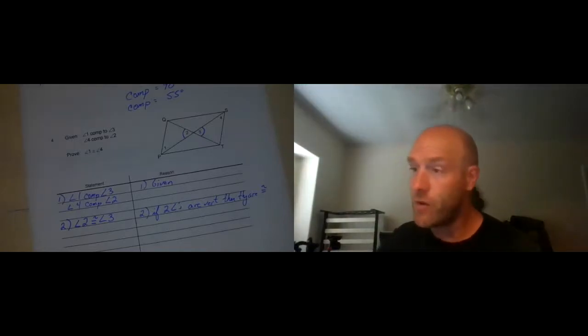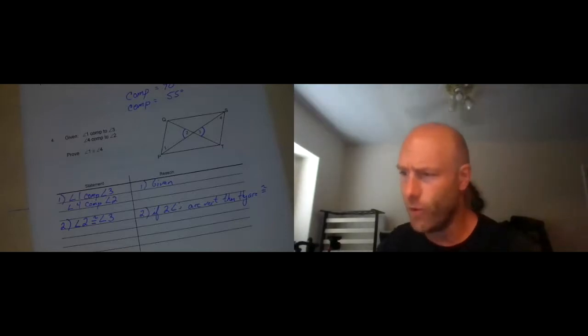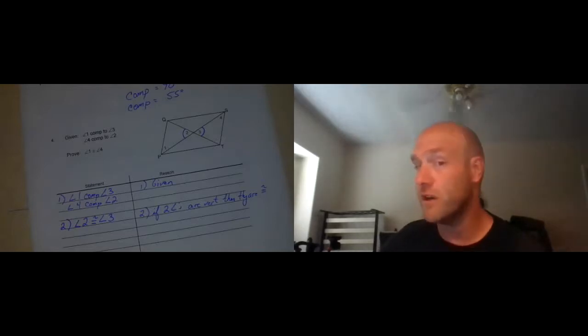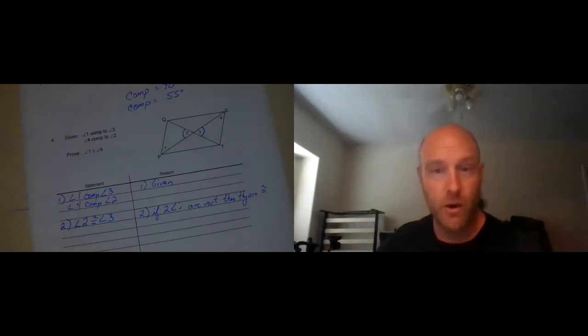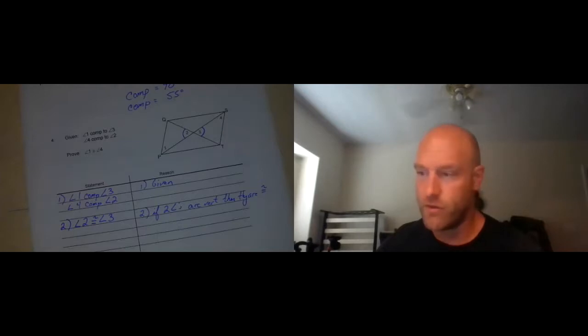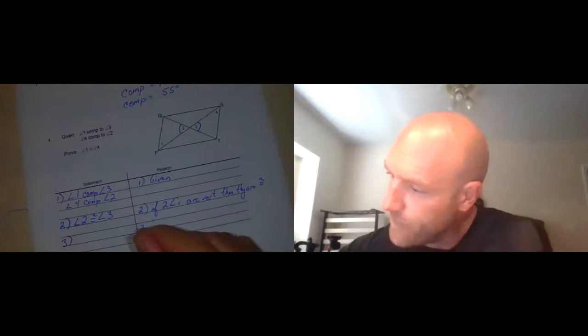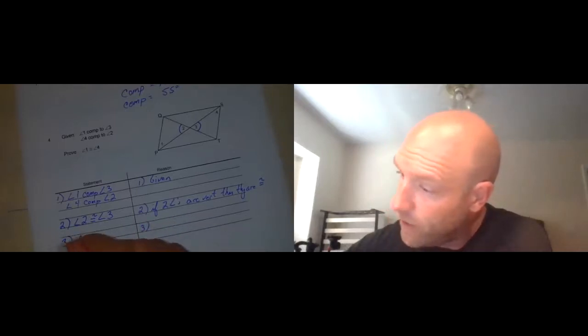Okay, looking at what I've got, eyes on the prize, I'm trying to prove that angle 1 is congruent to angle 4. What's the deal with angle 1 and angle 4? They're complementary to 3 and 2. And 3 and 2, we've just said, are congruent. So using another one of our new theorems from this chapter, I think we can get there. So angle 1 is congruent to angle 4.